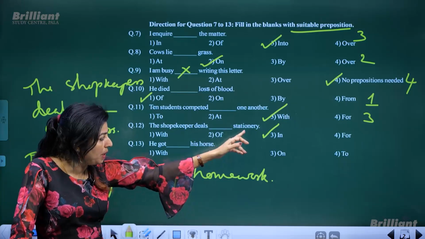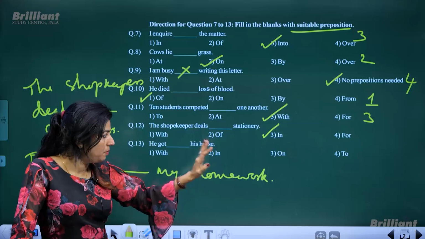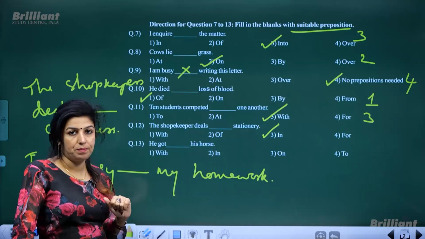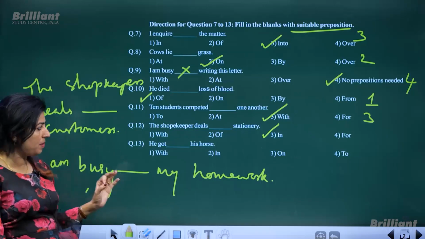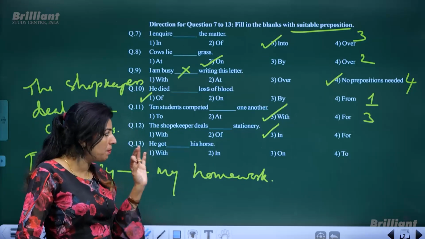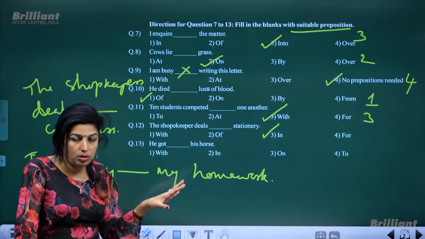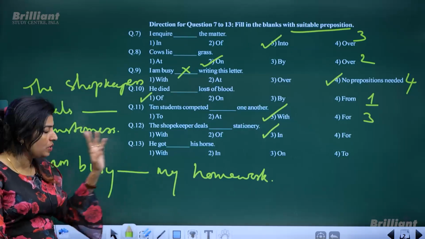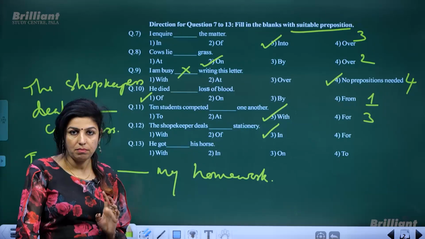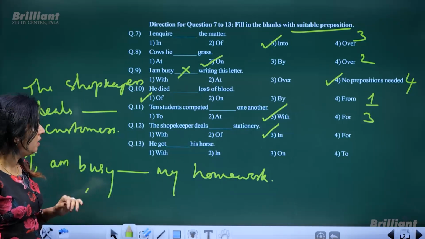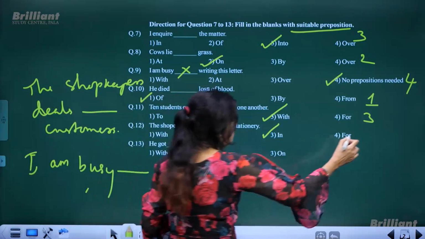And if a person or people are mentioned, you can use "with". Got it clear? Next time if you get a similar question, if it is person or people, without any doubt you can choose "with", but if it is items, not people, choose "in". Keep that in mind. So that is option number 3.